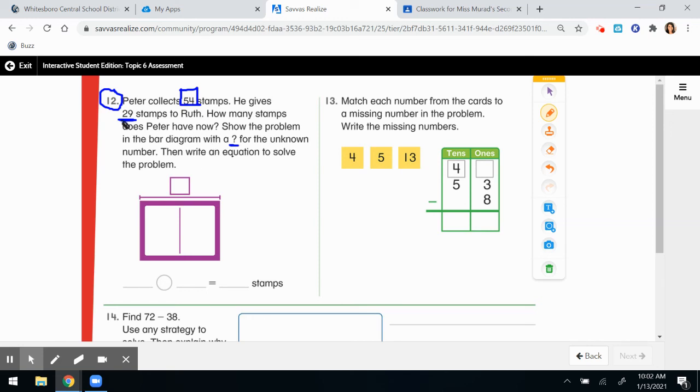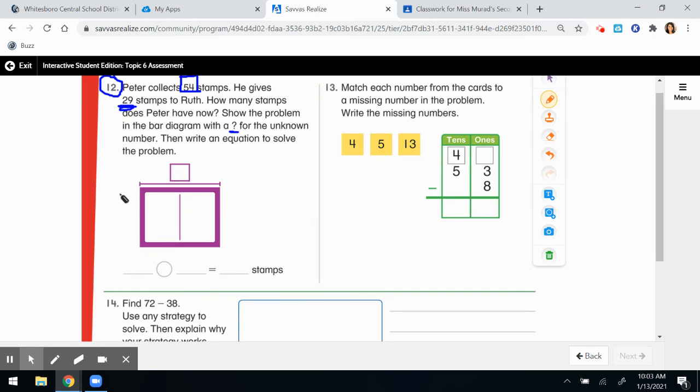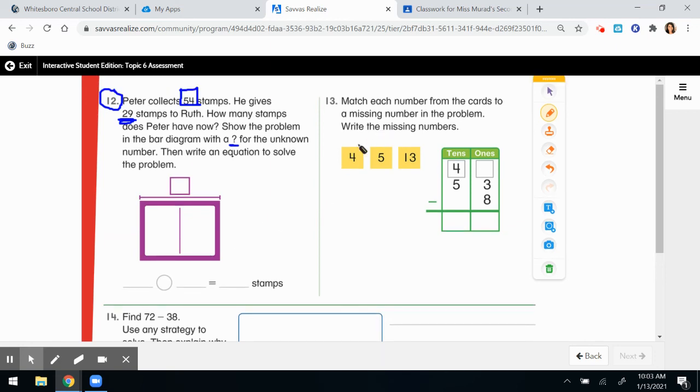And the one part you know might be 29. We want to find out after he gives 29 to Ruth, how many does he have left? And if you're doing this and you see, ooh, I'm not really sure, this is a hard one, I want you to make a note of that. We will go over exactly how to do this together, but maybe this type of problem is one you should study tonight.